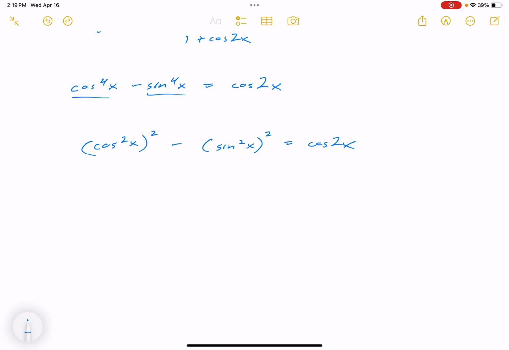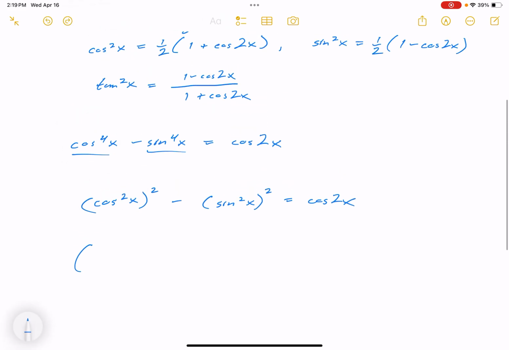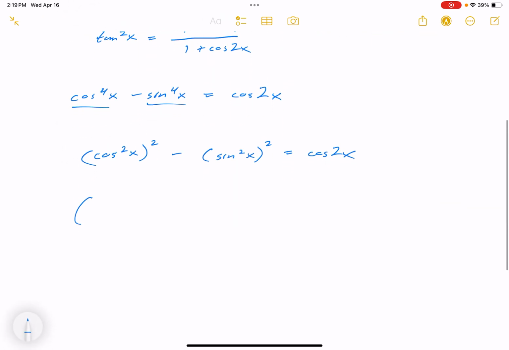Okay, so now we have, if we substitute this for one of the identities, the ones that you have up here, the ones that you should memorize, that will be 1 plus cosine 2x divided by 2 raised to the power of 2 minus 1 minus cosine 2x divided by 2 raised to the power of 2.